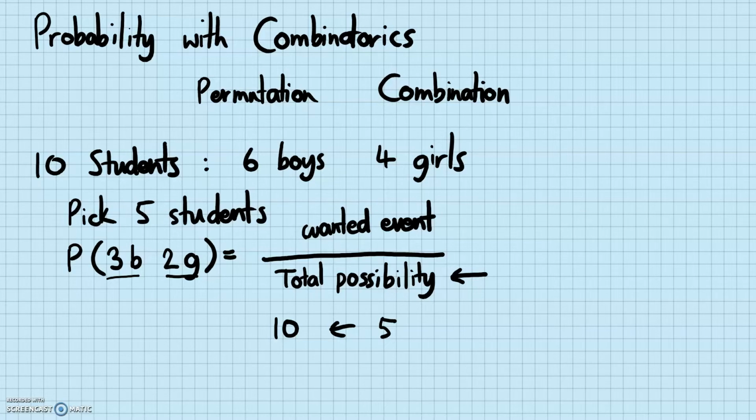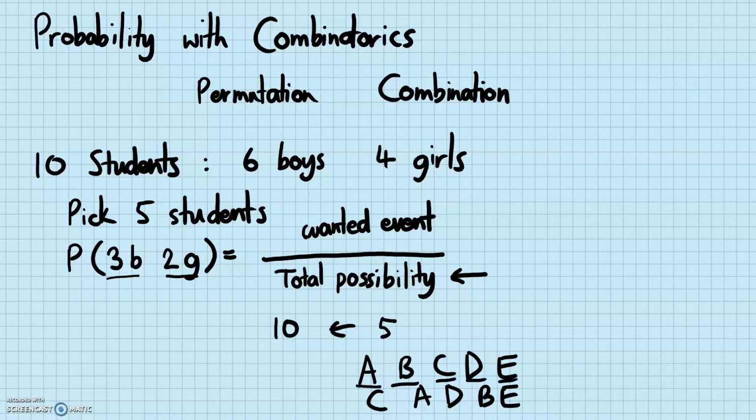And first of all, let's see if order matters here. If I chose student A, B, C, D, and E, is that the same thing as choosing student C, A, D, B, E? I'm not really assigning any places to the order that I'm choosing them, so it doesn't matter in which order I choose them.